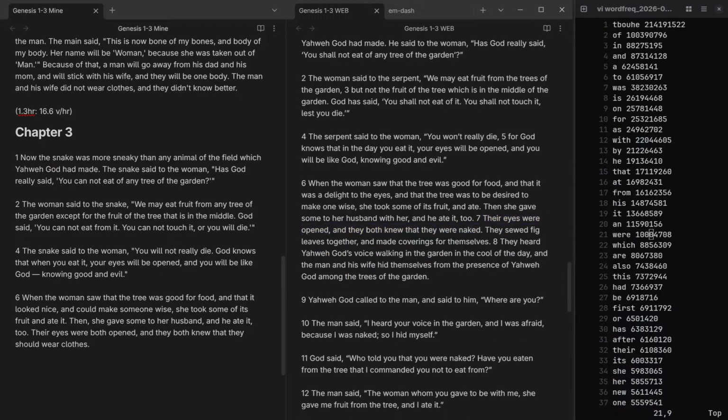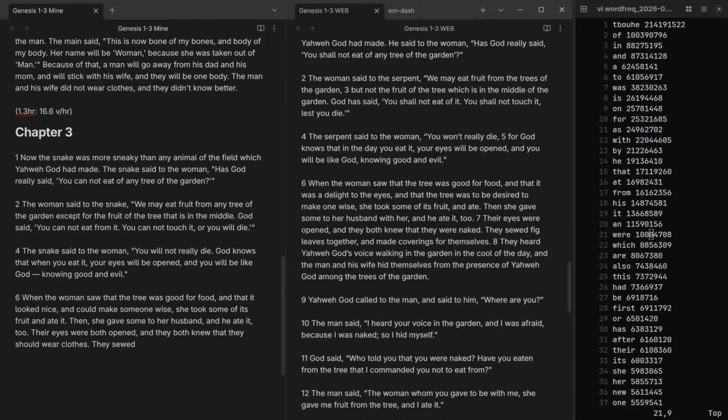okay. They sewed fig leaves. Now let's look this up. I could just put fig there. Maybe I should. This is verse 10-ish. No, before that.